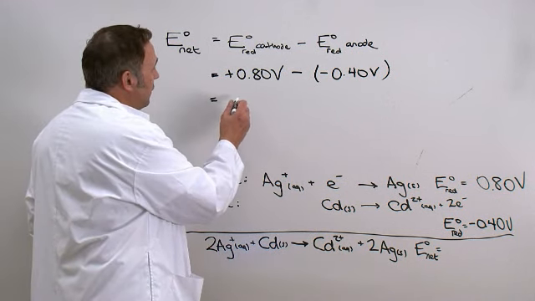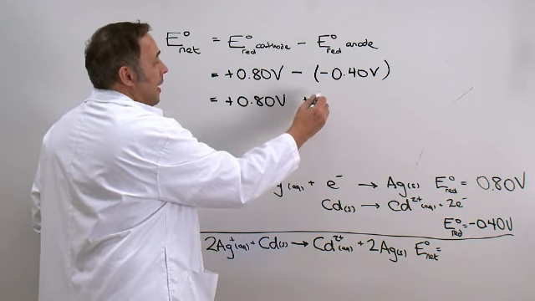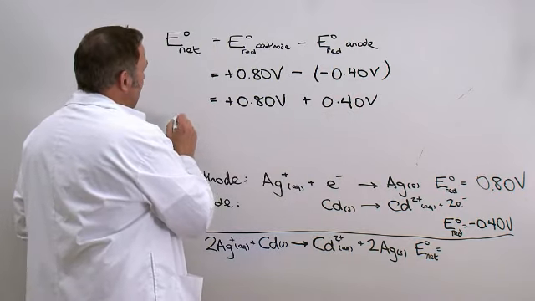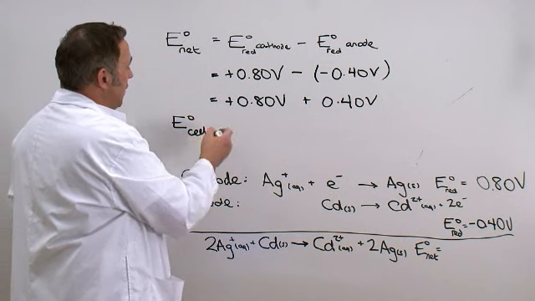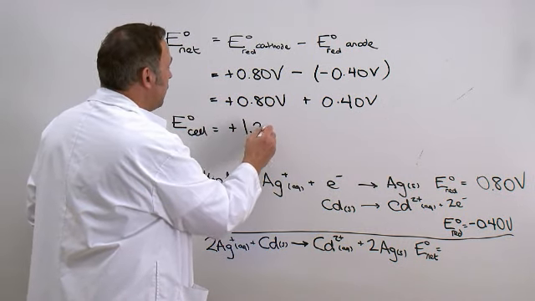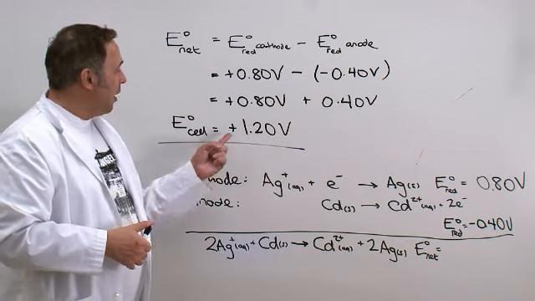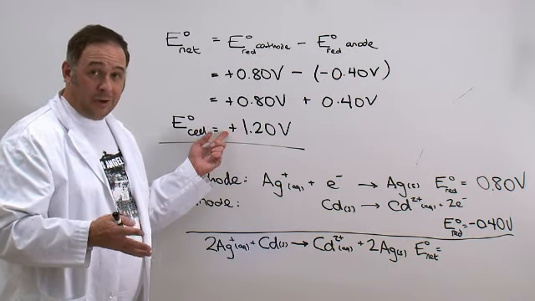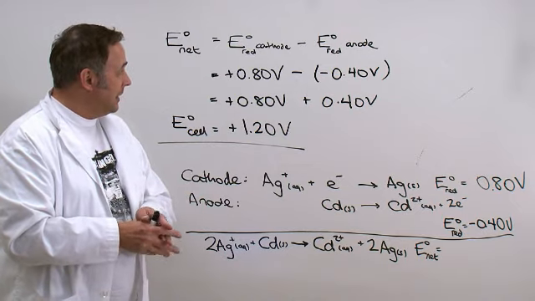All right, so this is positive 0.80 volts added to 0.40 volts, and the E net, or the E cell as your book likes to call it, becomes positive 1.20 volts. Now this value is positive, indicating that it's a spontaneous reaction, and voltaic cells have a spontaneous reaction.